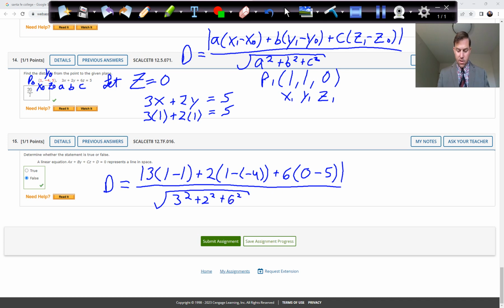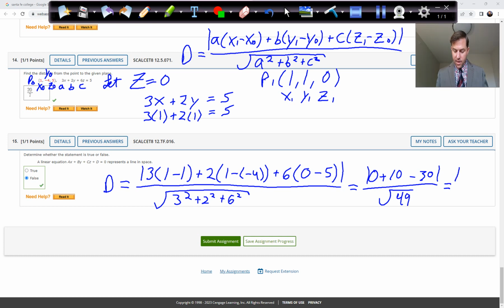In the top, you're going to get 3 times 0, which goes away, 1 plus 4, which is 5, so let's write this. You get 0 plus 10, because this becomes positive 5 times 2, and then you get 6 times negative 5, which is minus 30. On the bottom, you're going to get the square root of, in my case, 49.